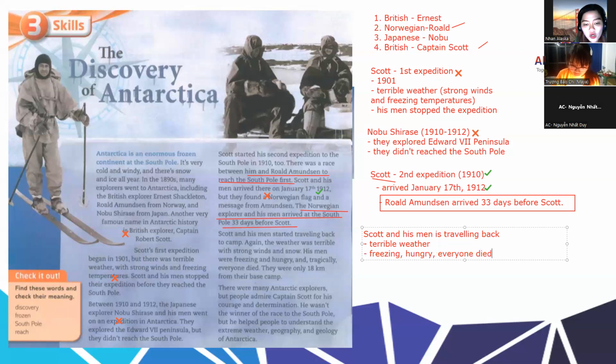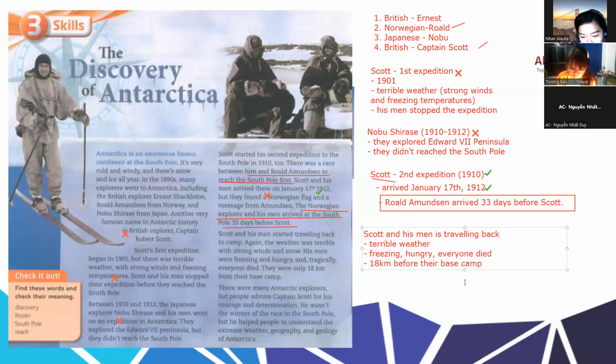So they were only 18 kilometers from their base camp, meaning 18 kilometers before they reach the base camp. Only 18 kilometers left, and then they died on the way going back to their camp.